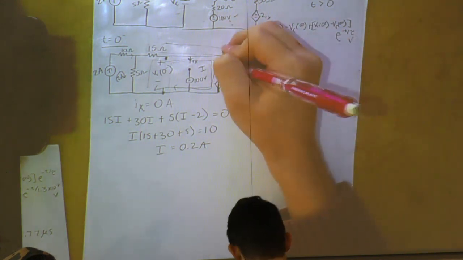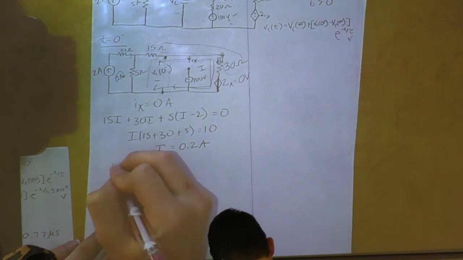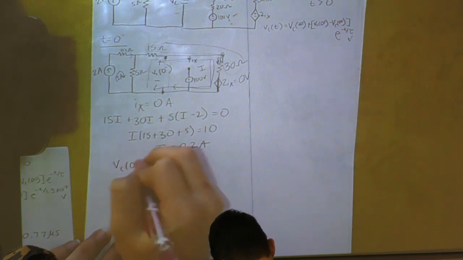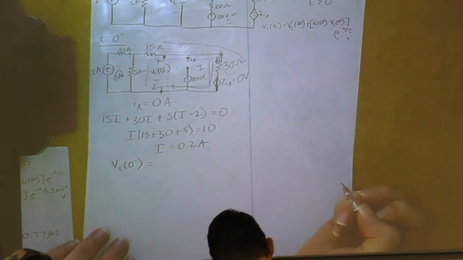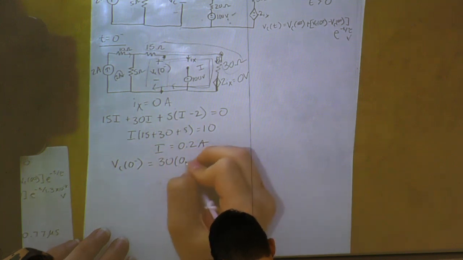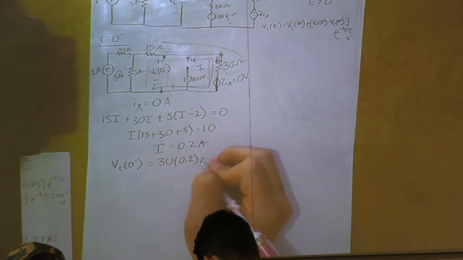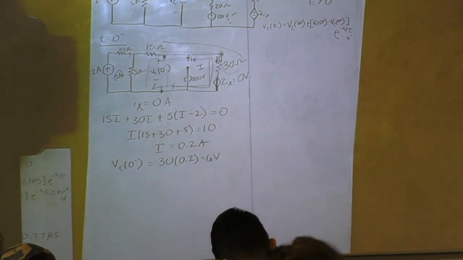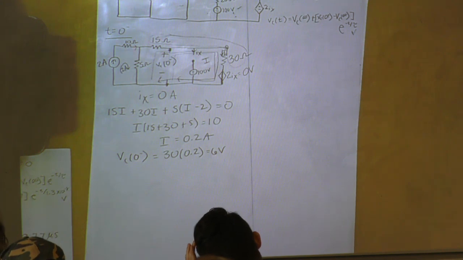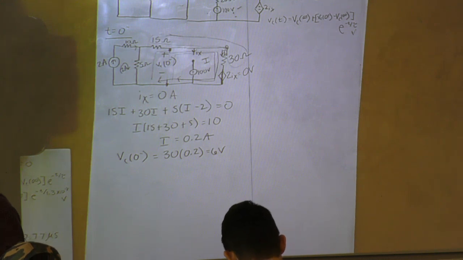So we know our I. Is everyone okay with how I got VC of 0 minus, using just the 30 ohms?